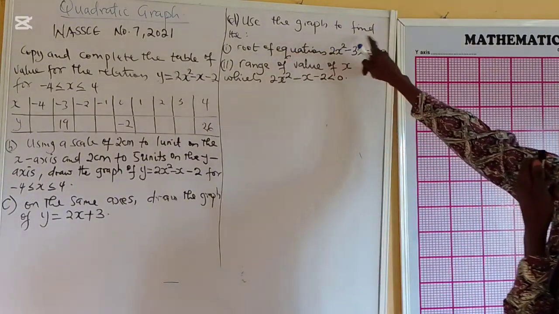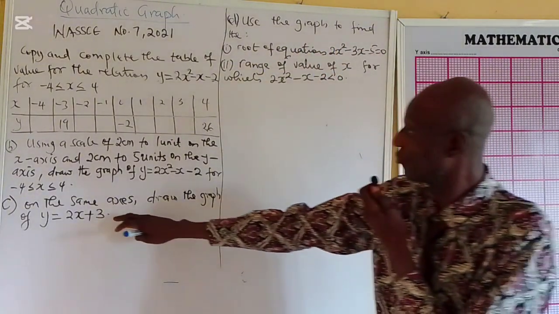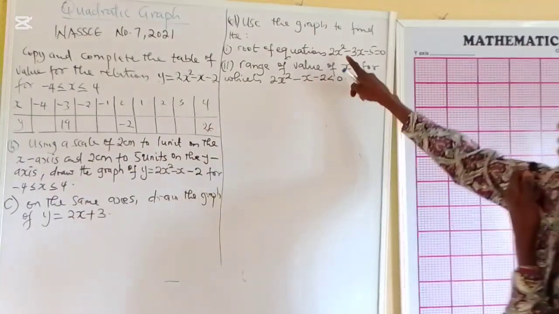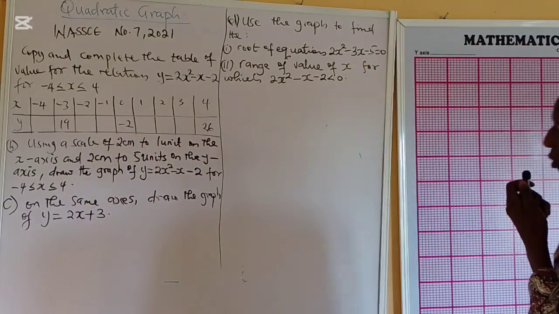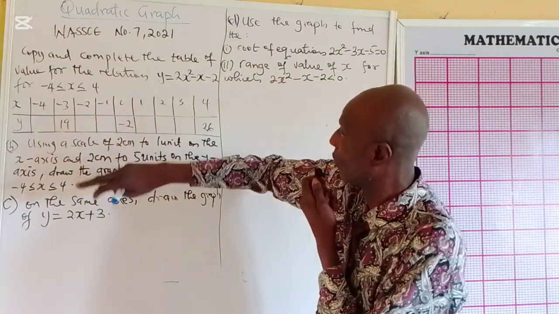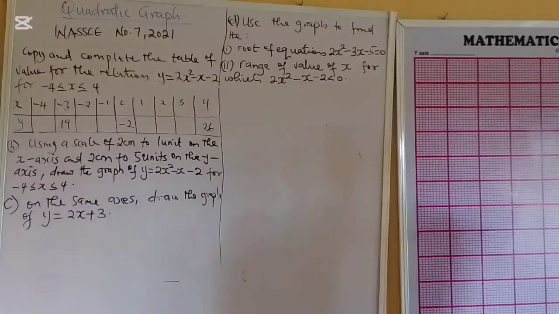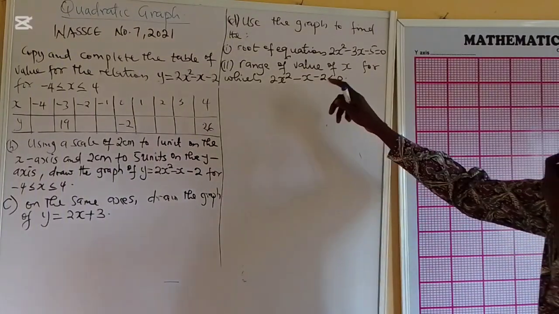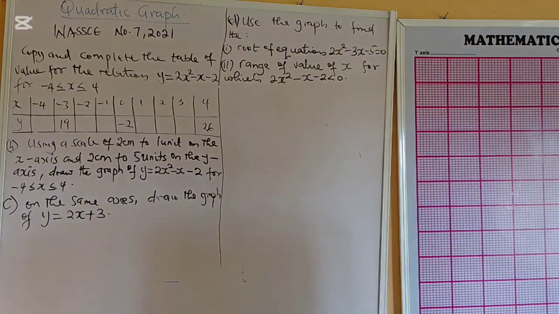Then, using the graph, find the roots of the equation, which is the combination of these two, 2x squared minus 3x minus 5 is equal to 0. Then we should also find the range of values of x for which this is less than 0.